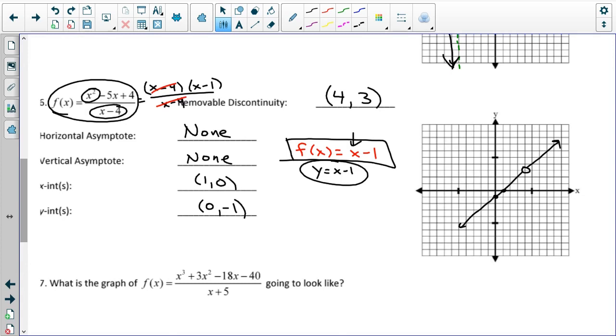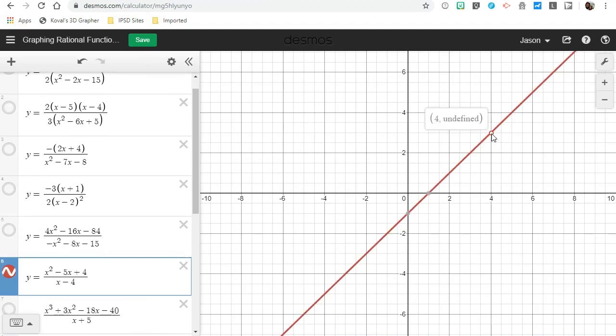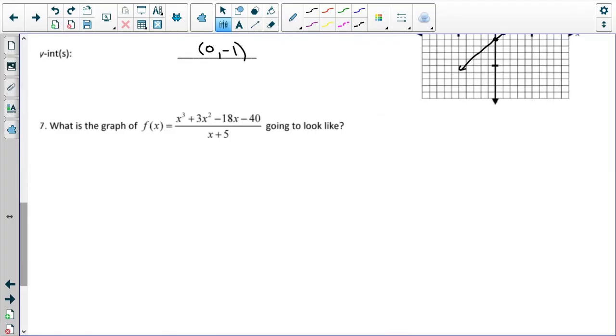The only difference is there's a hole at 4, comma 3. When we look at problem 6, it does end up looking like a line, except as we approach 4, notice that the function as a whole is undefined at x equals 4. What is the graph like this going to look like?